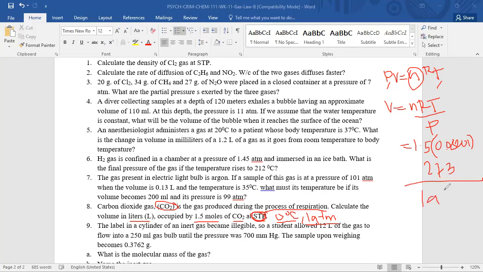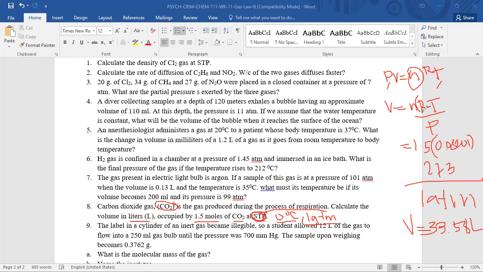STP is 1 atmospheric pressure. Okay? So 1.5 times 0.08201 times 273 divided by 1. So ang volume natin for this ideal gas is 33.58 liters. Okay, saan nakuha yung liters?